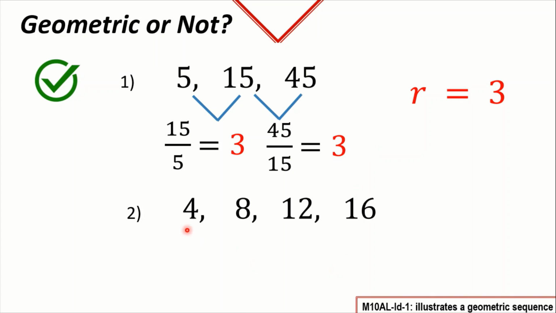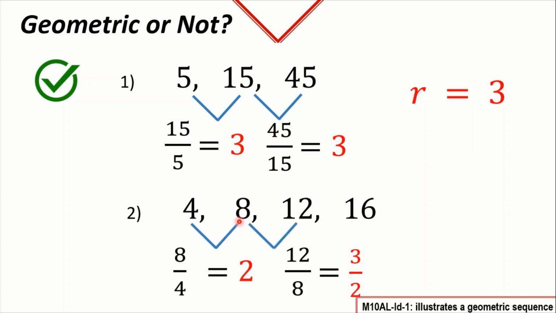Let's have 4, 8, 12, 16. Kunin natin ang ratio between two consecutive terms. So again, second term divided by first term, 8 divided by 4 is equal to 2.